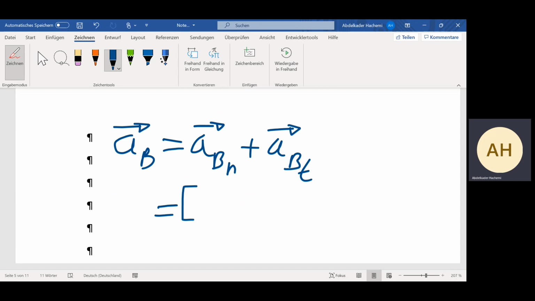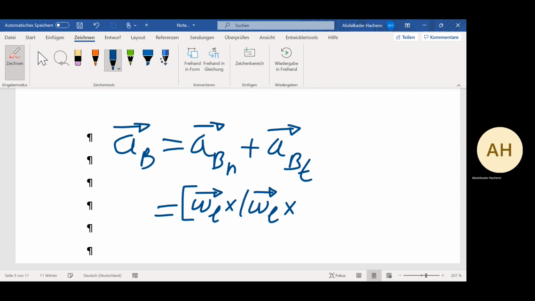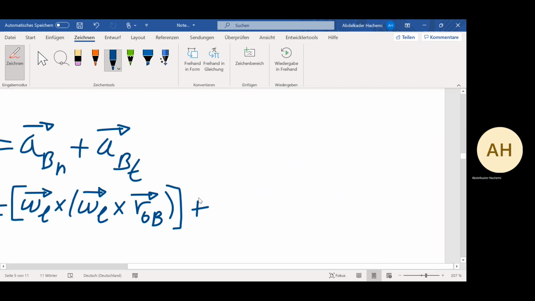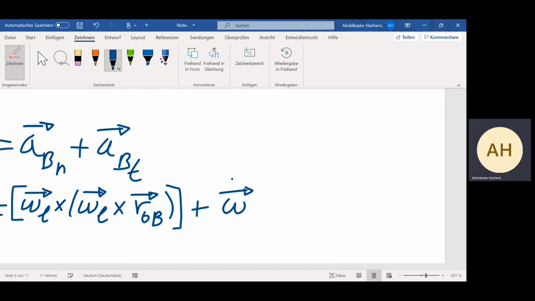For the EBN, it's only omega L cross omega L cross ROB, plus the tangential one, omega dot L cross ROB.